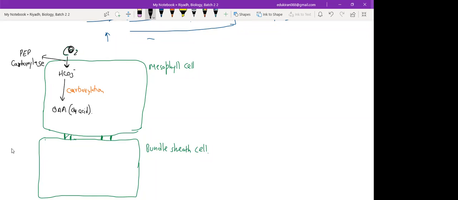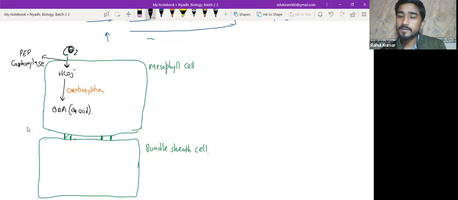Clear? Yes, sir. Now remember, when you have very high light intensity and you have mesophyll cells on the outer side, Rubisco is already working in photorespiration and the Calvin cycle. If you ask Rubisco alone to accept CO2 coming in through the outer mesophyll cells, then that enzyme's output is going to decrease.